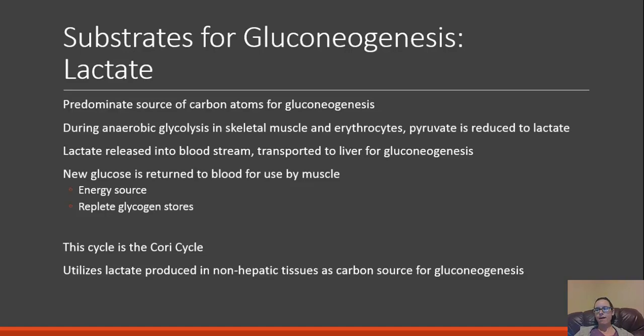So in this way, the liver can convert an anaerobic byproduct of glycolysis, lactate, back into glucose to be reused for non-hepatic tissues. And this cycle is called the Cori cycle.